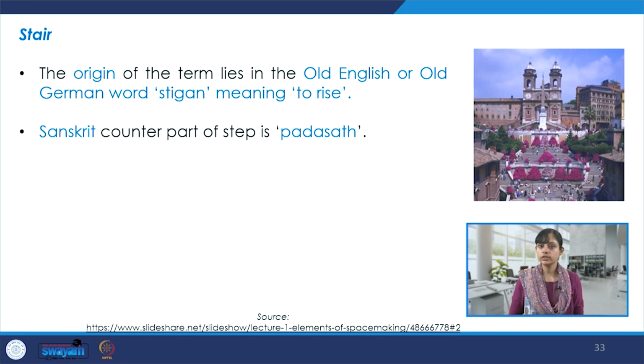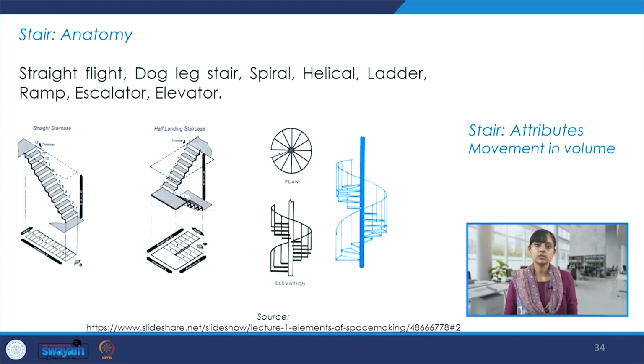The origin of the term lies in the Old English or Old German word stigan, which means to rise, and there's also a Sanskrit counterpart, which is padasat. So stair has different anatomy, and it has different attributes by virtue of that anatomy. It could be a straight flight, it could be spiral, helical, and so on.